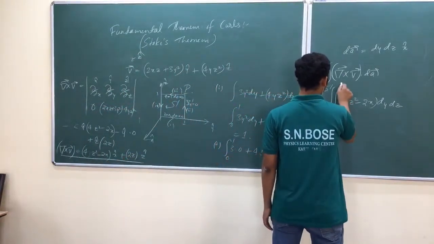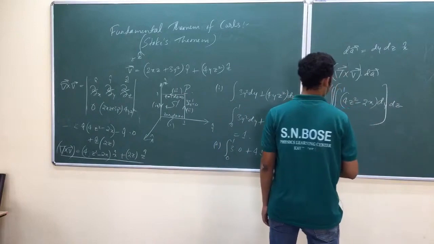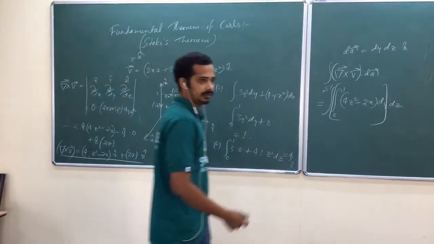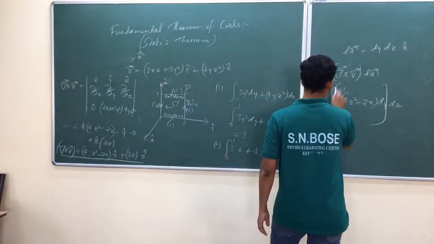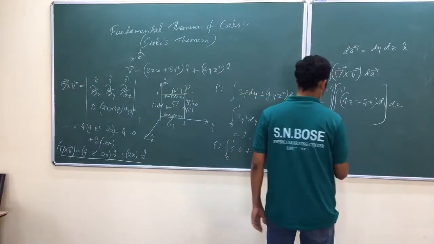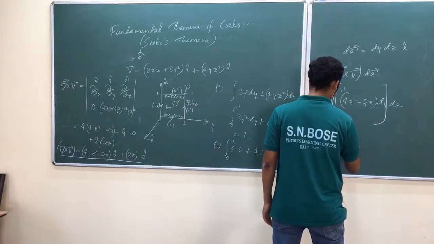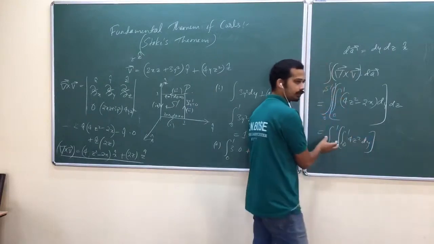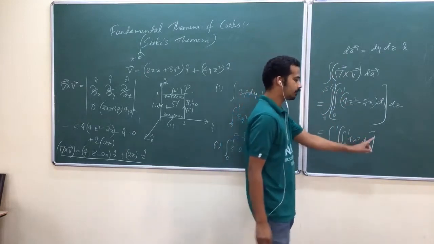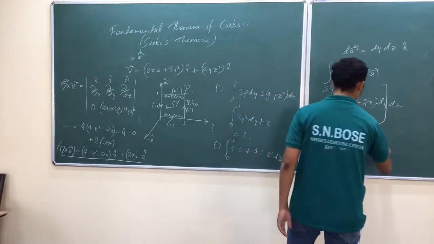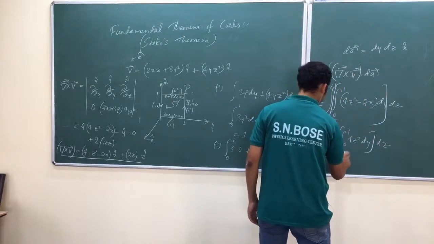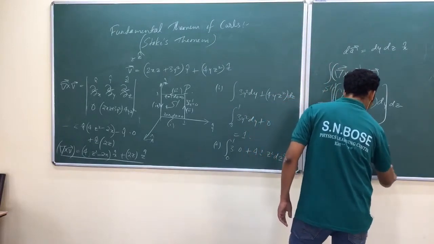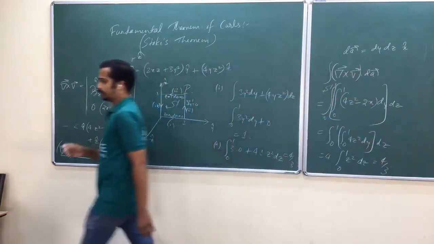So 0 to 1, can I take it like this? But what is x over there in that plane? x equal to 0. That's why 0 to 1, 0 to 1, 4z square dy. Obviously, 4z square will come out and integral 0 to 1 dy equal to 1, isn't it? So dz. So 4 will be outside. Integral 0 to 1 z square dz. What is this one? Check it out.